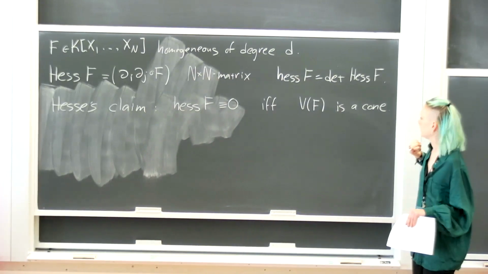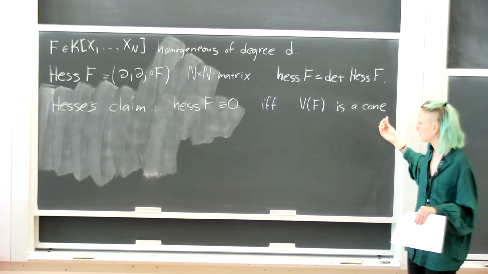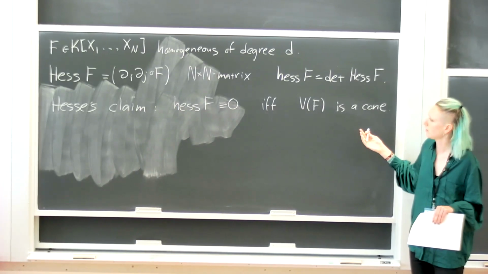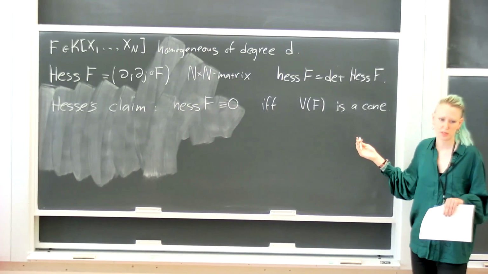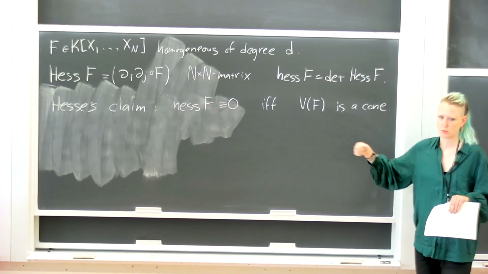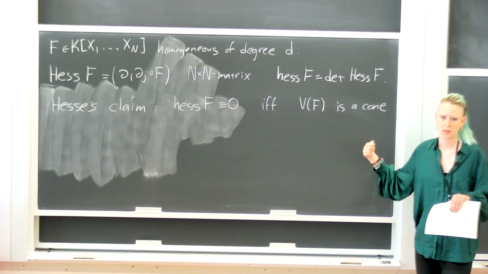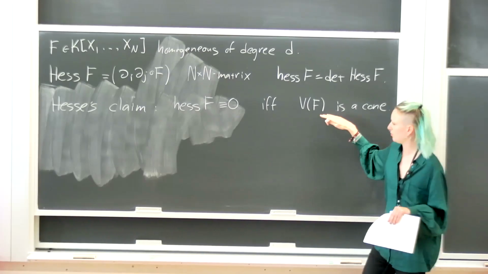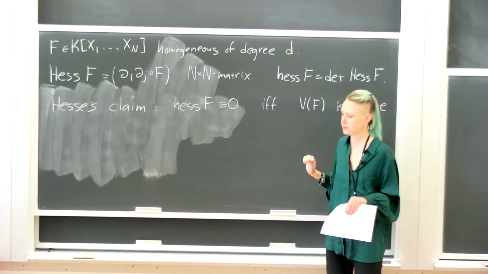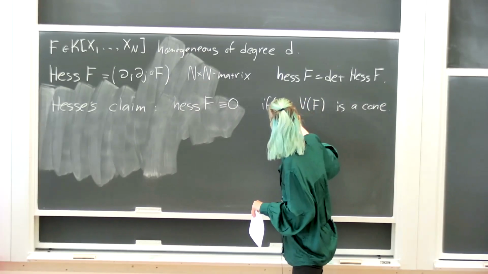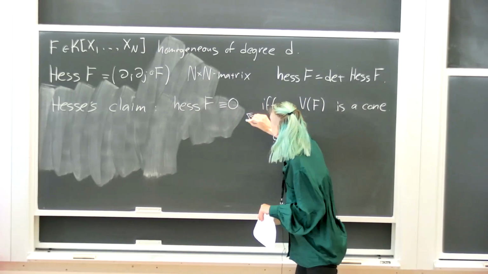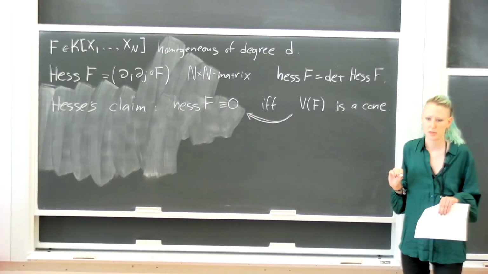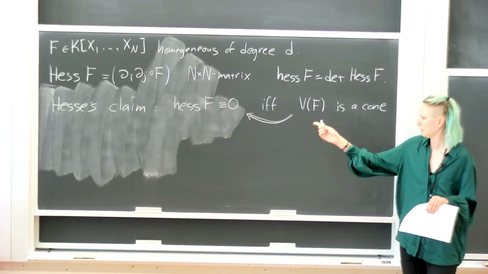So what does it mean to be a cone? One way of saying this is that the partial derivatives of f with respect to all the n variables are linearly dependent. So you can see that the implication should go in this way at least. Okay, and if you're working in degree 2, it's actually equivalent.